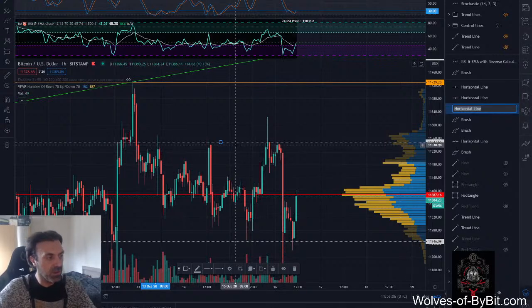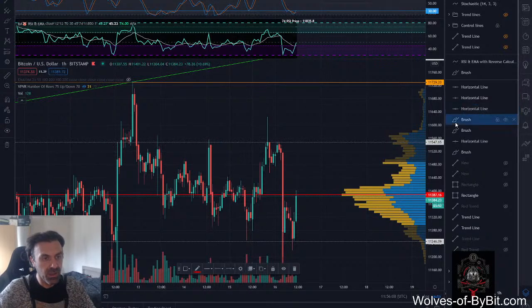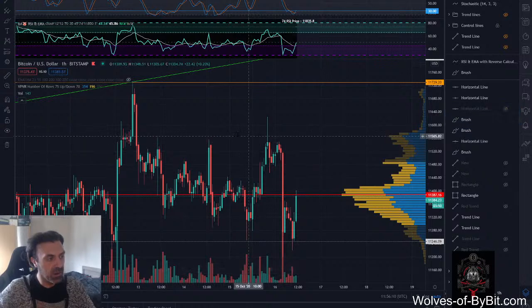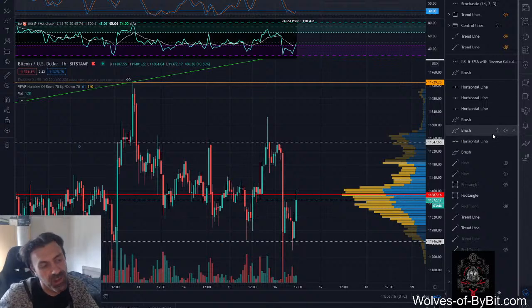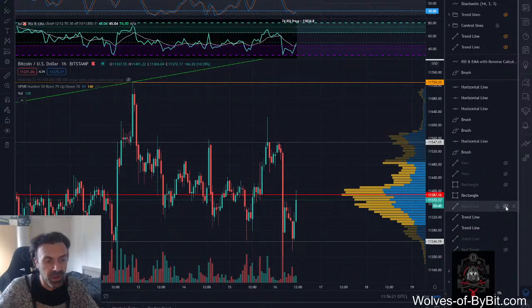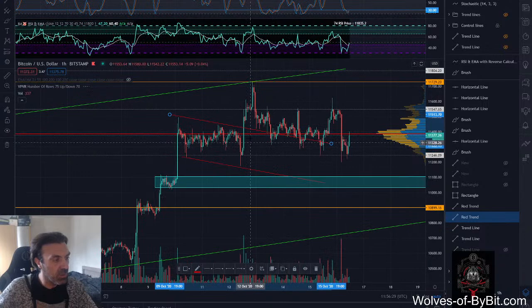So this one is this one here. As you can see, we can make it invisible, we can make it reappear. So if by any chance you did something completely wrong, and you lost your trend lines by making them invisible, then you can easily make them reappear.